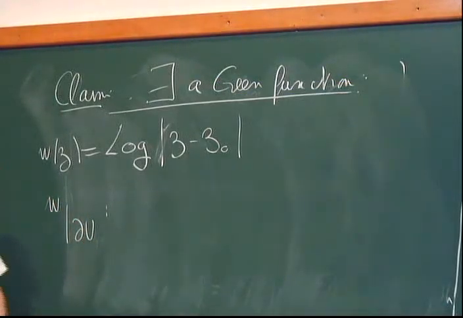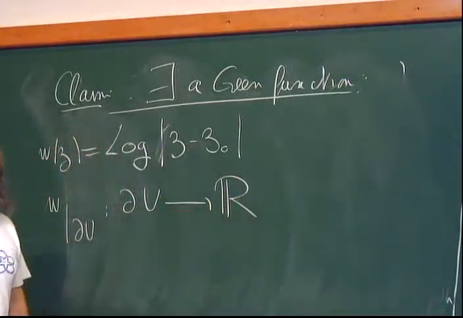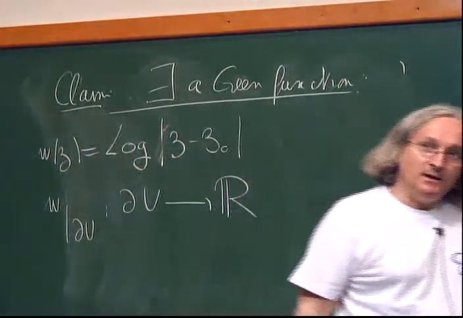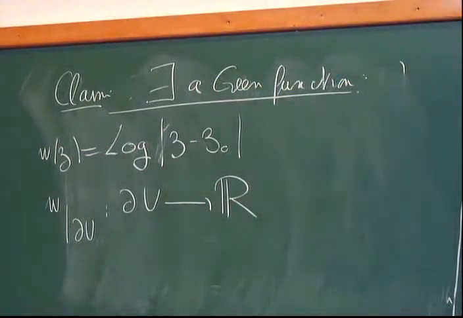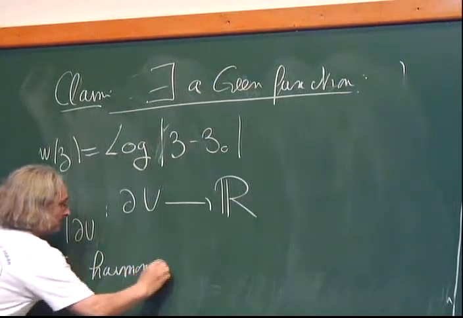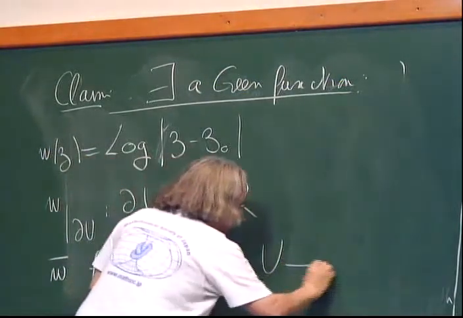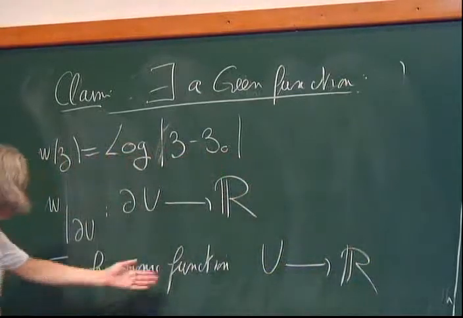This is a genuine function, a regular function on the boundary of U with real values. You use theorem A. This function w can be extended to a harmonic function. So you choose some harmonic function, let me call it w bar, which is defined on the full of U without exception and which extends w.